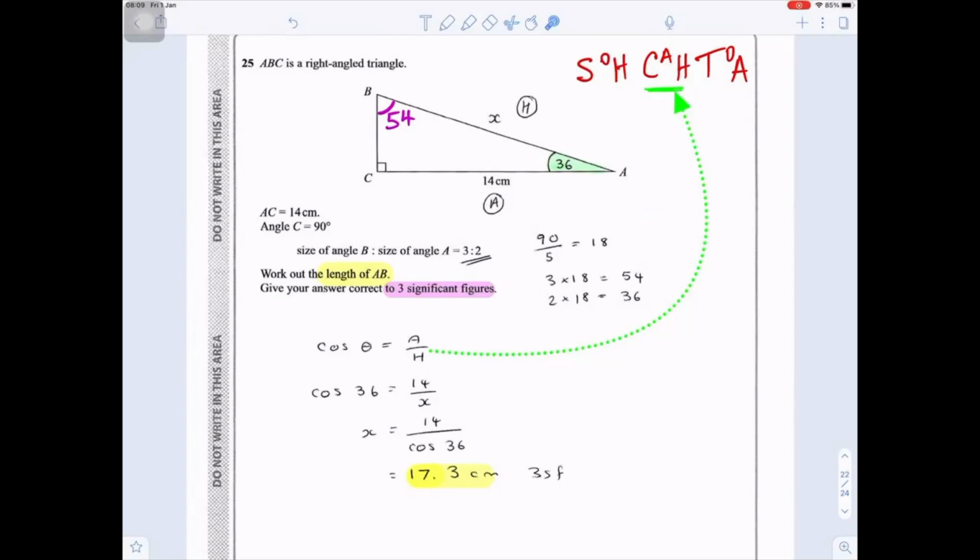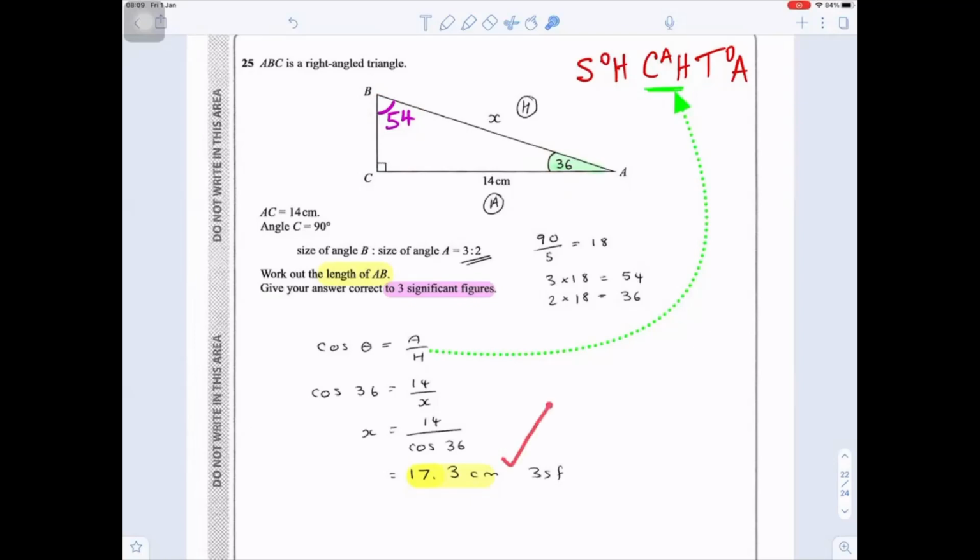If the size of angle A is 3, it's 18 times 3, which is 54. And the size of angle B is 2 times 18, which is 36. So in that way, you have all the angles of the triangle, 54, 36, and you know this one is 90. But we just want to find the length of AB.